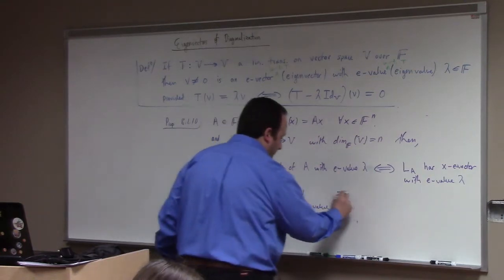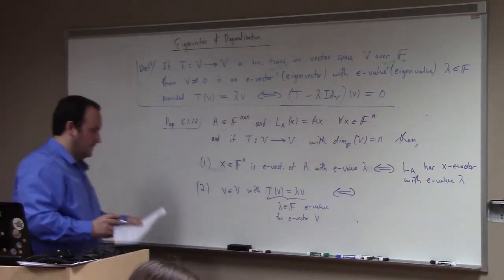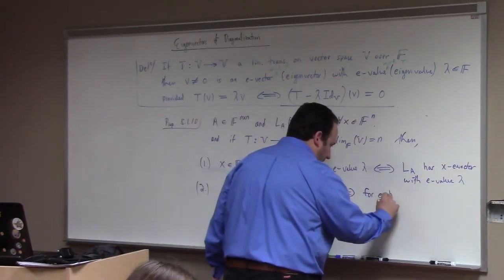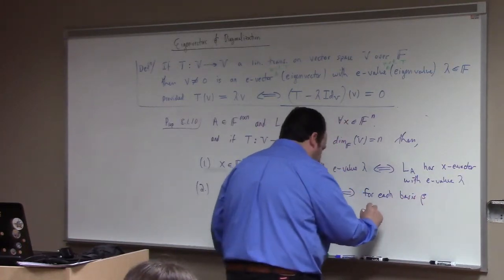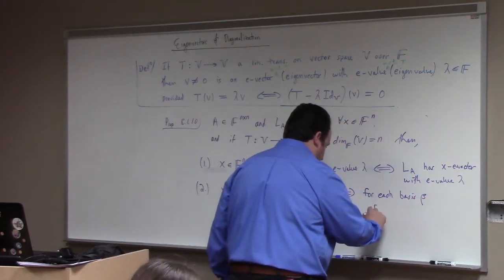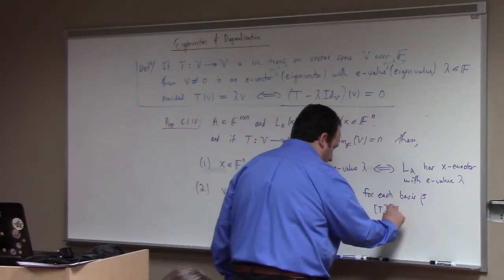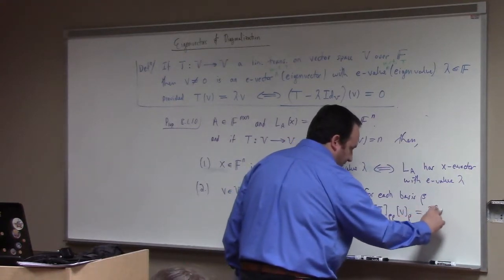That's going to be true if and only if what? And this is what's missing in the notes: for each basis beta, we have that the matrix of T, beta beta, times the coordinate vector of v is equal to lambda times the coordinate vector of v.